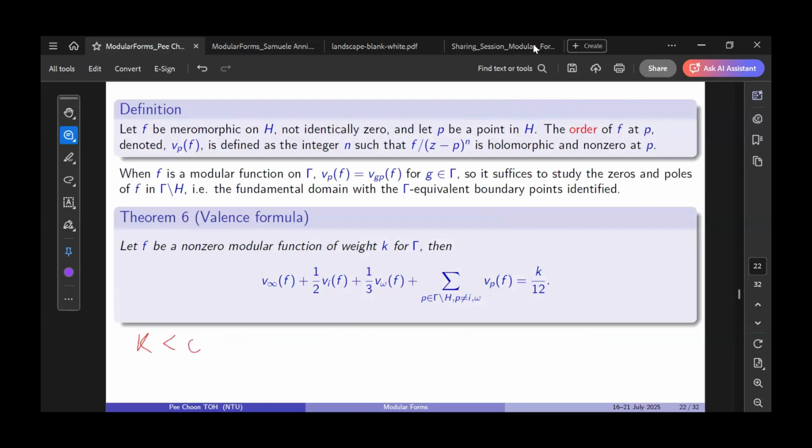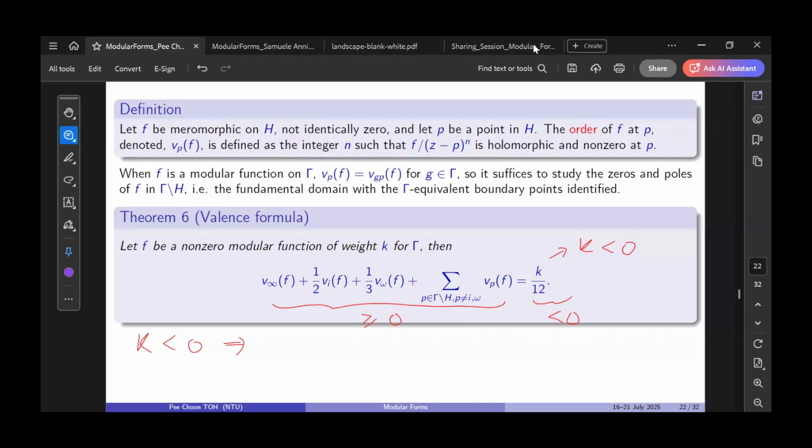If k is negative, it's pretty obvious. All of these orders are always at least 0. But if k is negative, then k over 12 is also negative, which is a contradiction. How come the sum of something that is at least 0 becomes something that is less than 0?